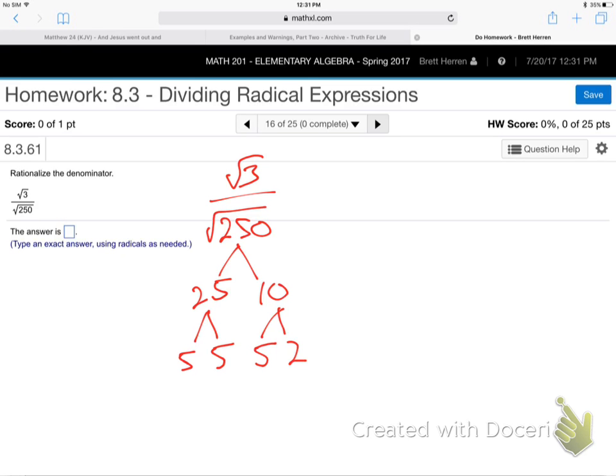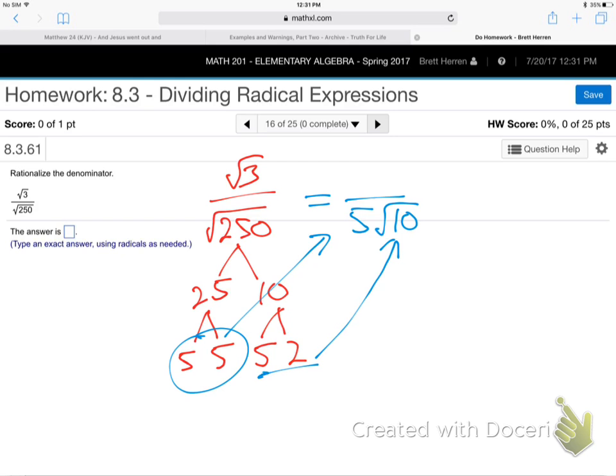And then ship out what you can ship out. 2 for 1. So 2 5s in, 1 5 out. What's left in? 2 times 5, 10.